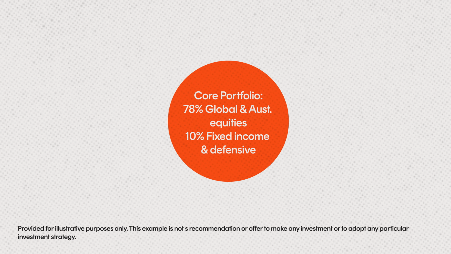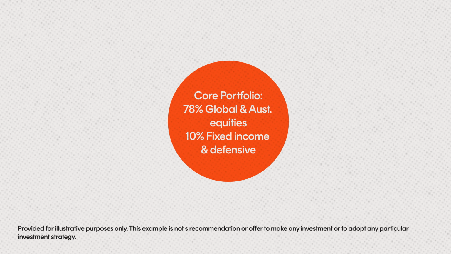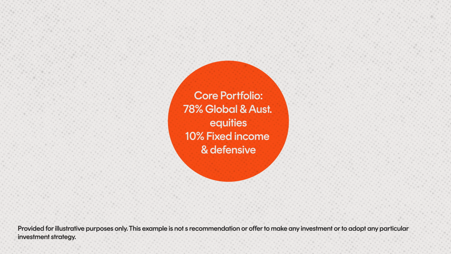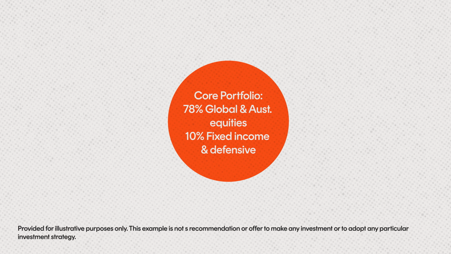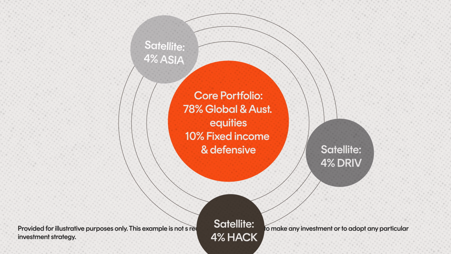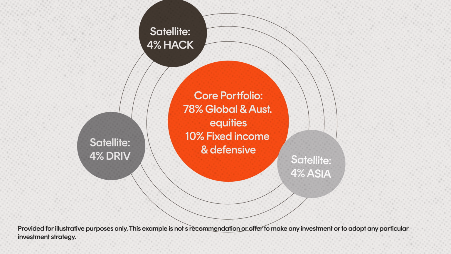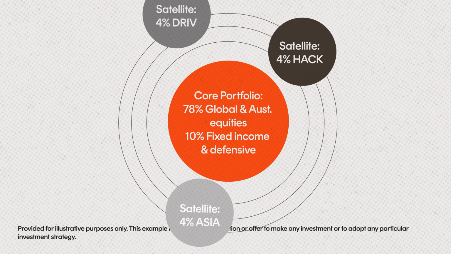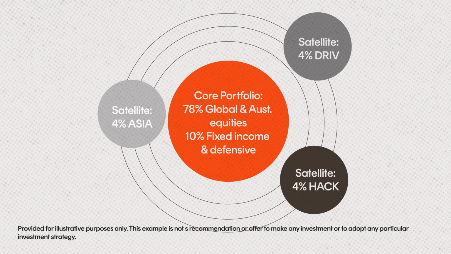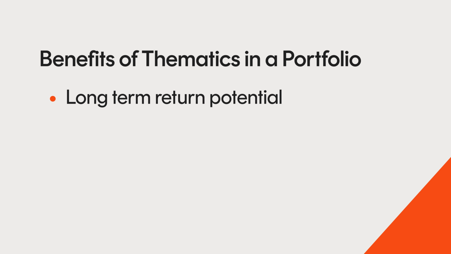As an example, consider this hypothetical portfolio, comprising an 88% allocation to low-cost, broad market exposures to equities and fixed income. A smaller allocation of 12% can then be allocated to a higher risk, satellite exposure that offers the potential for outperformance. The second key benefit of using thematics in a portfolio is diversification.